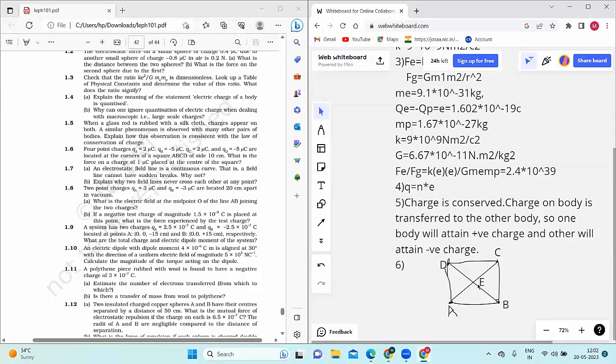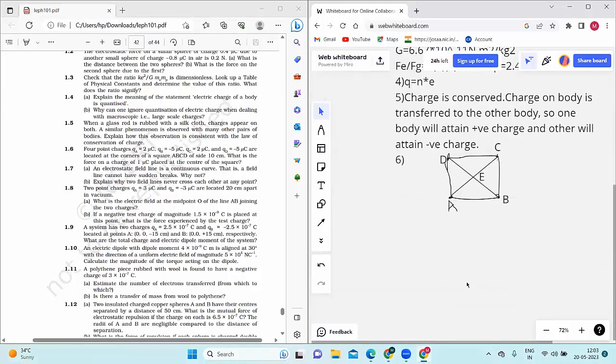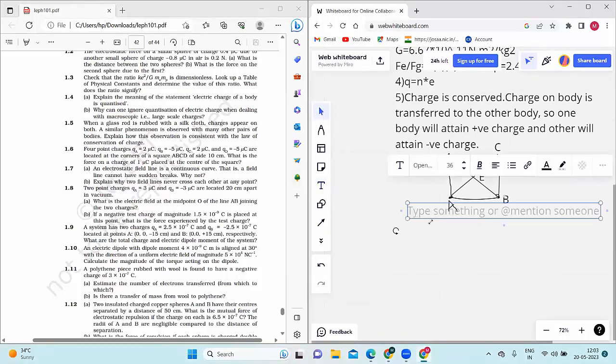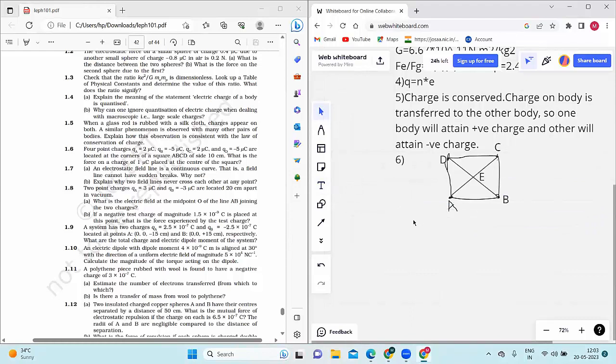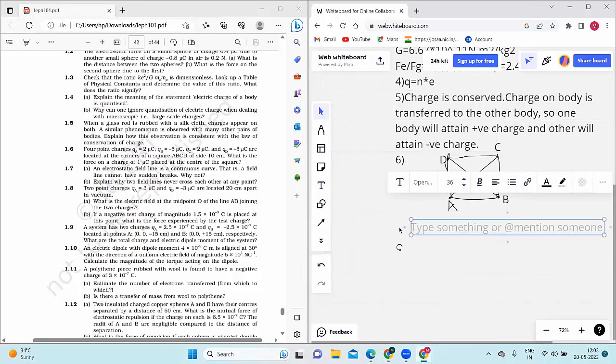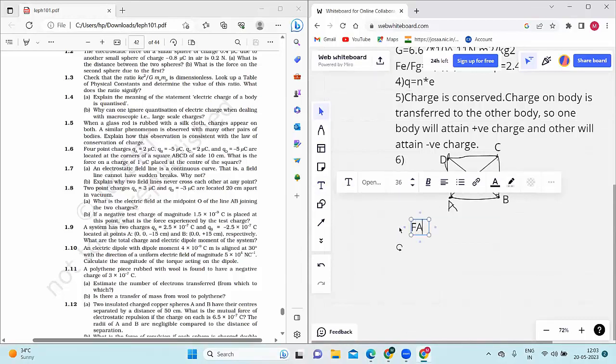The magnitude of the force due to charge A is equal to the force due to charge C, so both will cancel out each other. Also, the charges at B and D are equal.